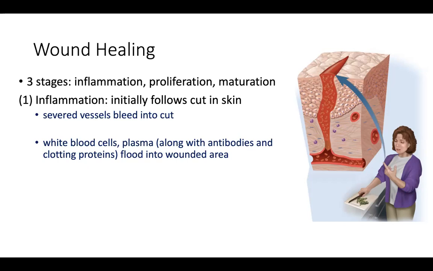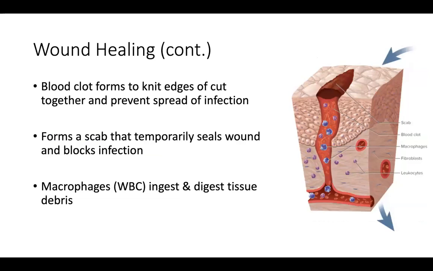Plasma brings along with it antibodies, clotting proteins. So not only are red blood cells going into the area, but you have this kind of antimicrobial reaction as well. Okay, so lots of blood, different types of blood cells flowing into the area. That's the first part of inflammation.